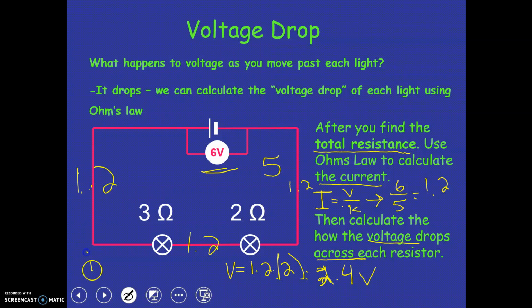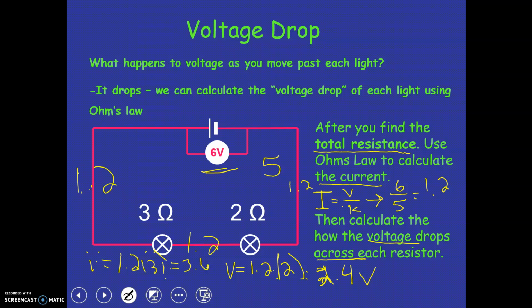And then over here, voltage is the current, which is 1.2, times that resistance, which is 3. So you're going to multiply those together, and you'll get 3.6.